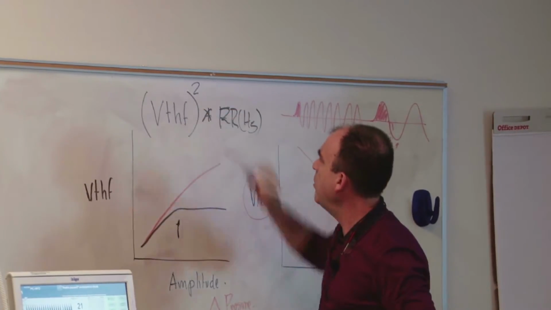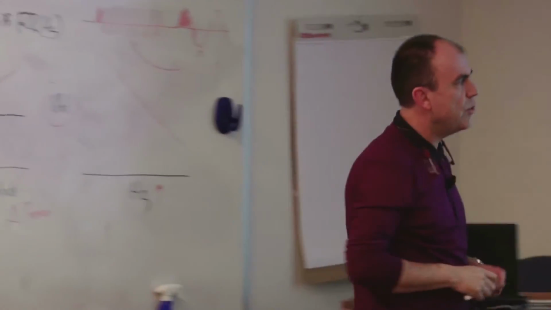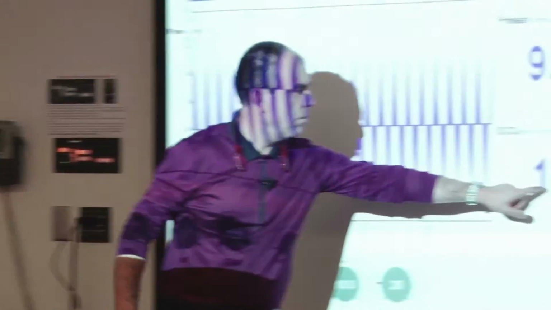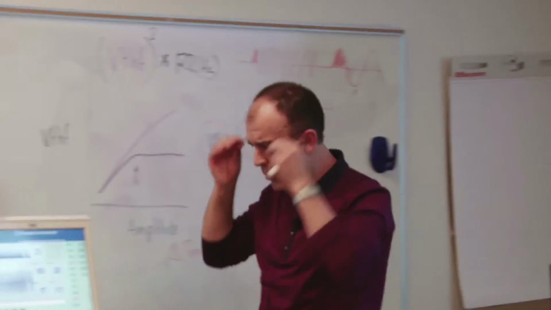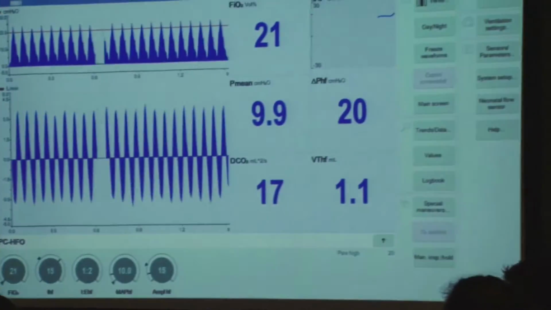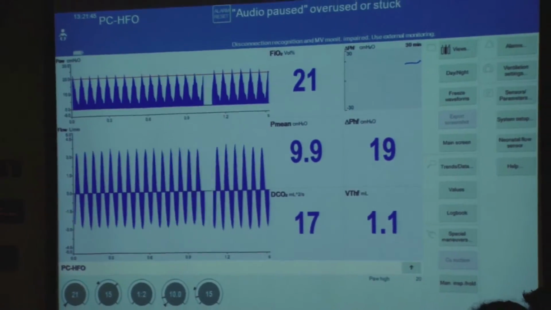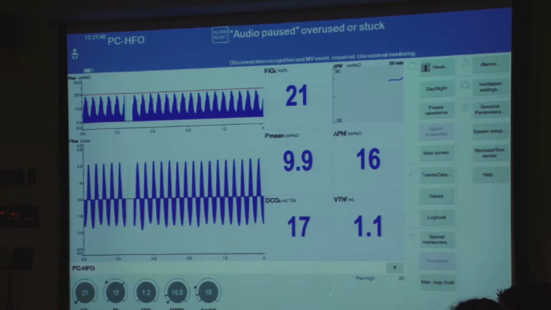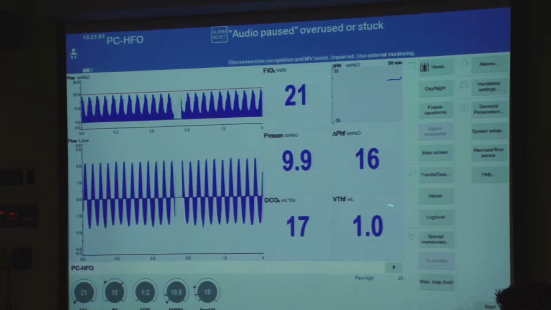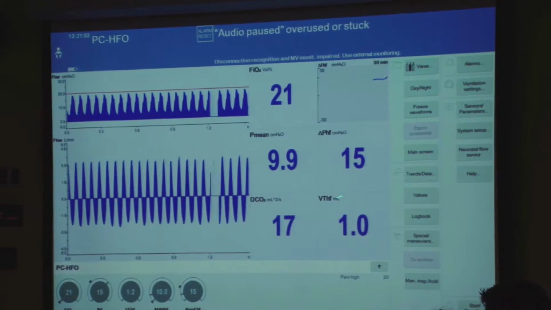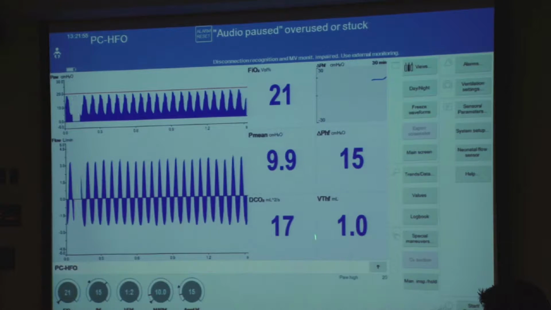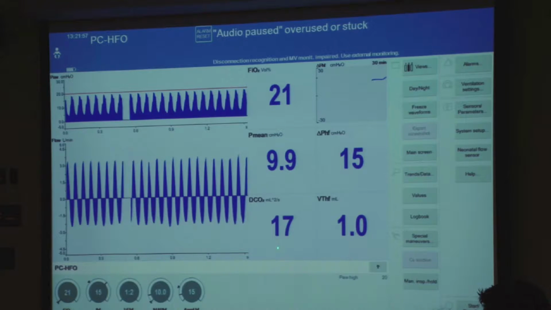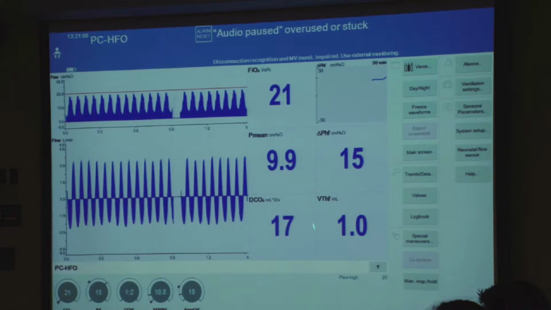So that means that if you want to increase DCO2 and you increase amplitude, let's go back to 15. You will see that it automatically should have an impact on this going lower, and eventually this going lower.